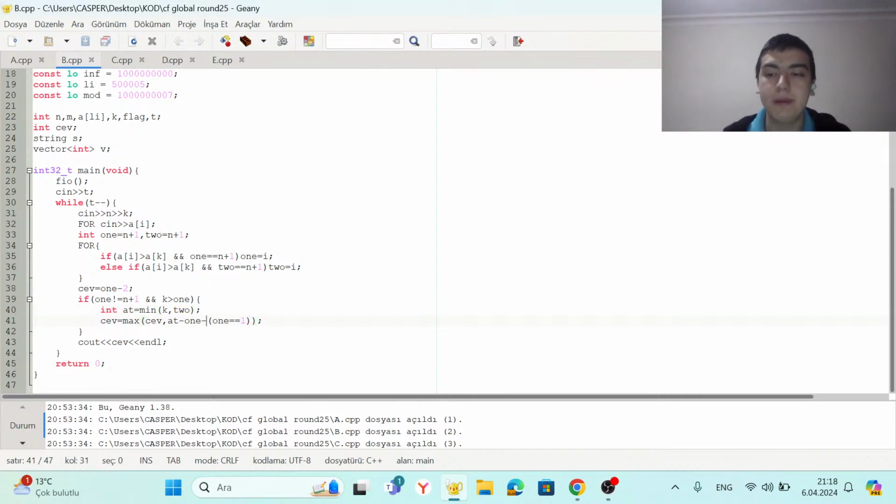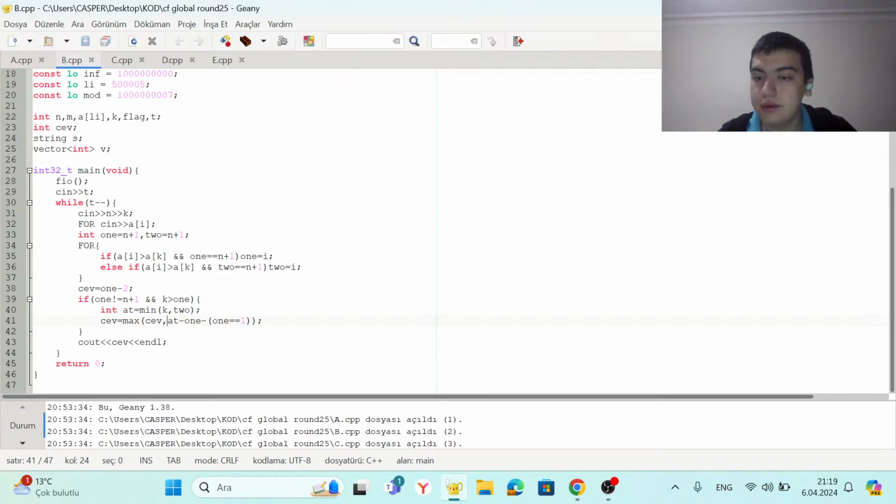After that, we can say answer is equal to the maximum of the answer and this variable minus l1 minus 1, because we are in the l1 position and this is the first position where we will lose a match, and this variable is our current position.